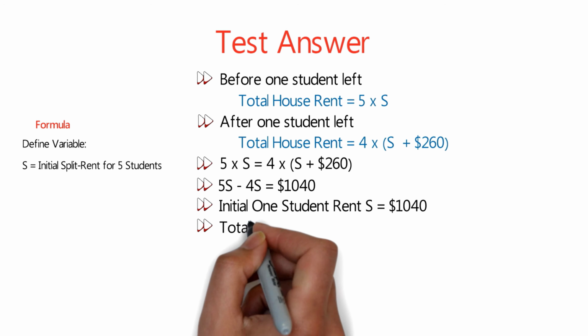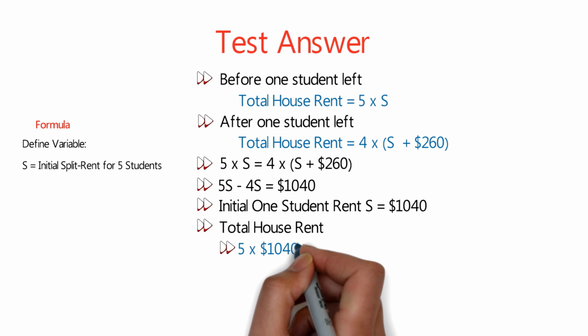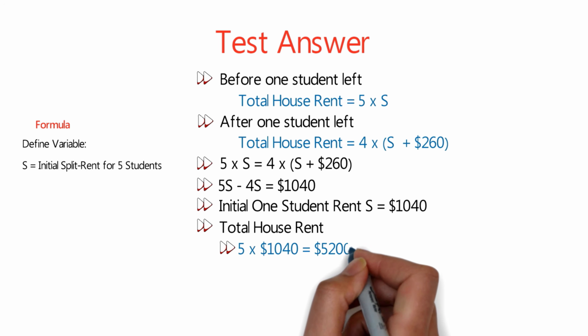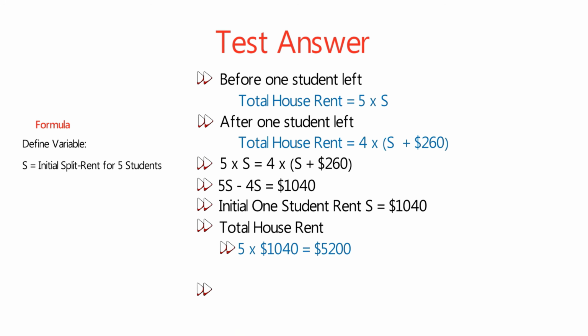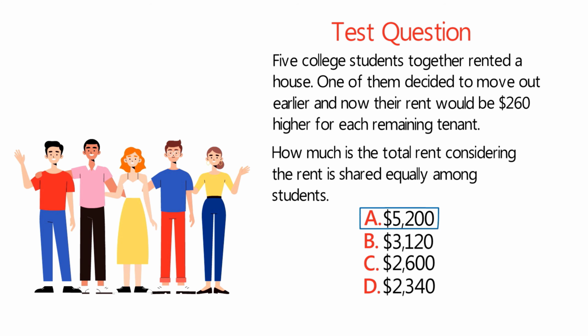To calculate total house rent, we need to multiply 5 by $1,040, and the result will be $5,200. So the answer is choice A, $5,200. Hopefully you've nailed this question and now know how to answer similar ones.